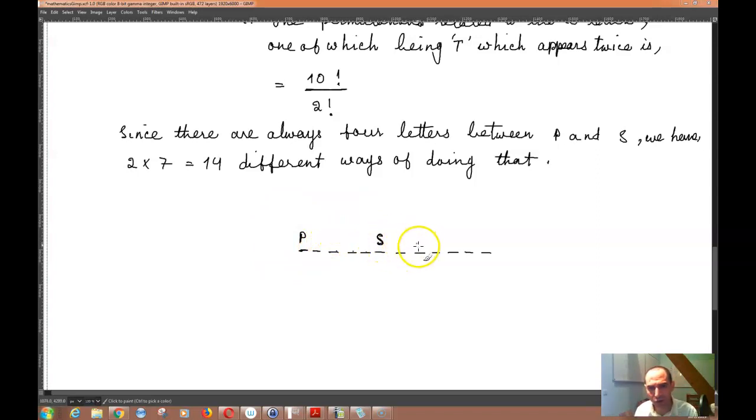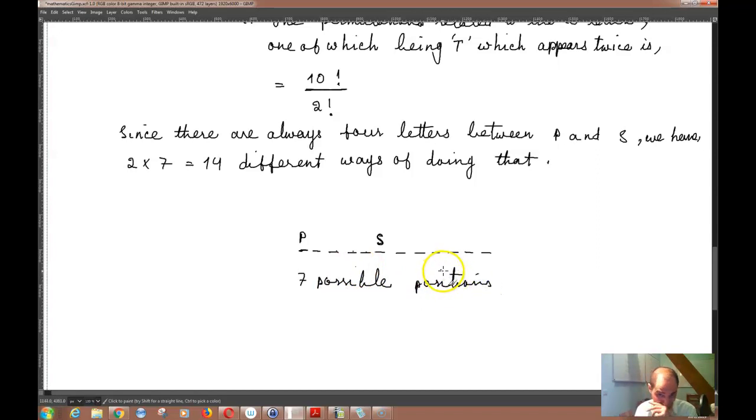So 1, 2, 3, 4, 5, 6, and 7 different ways: you can move it over 6 times, and the position that they are in is already one possible position, so you get another 6 possible positions. That means in total that's 7 possible positions.